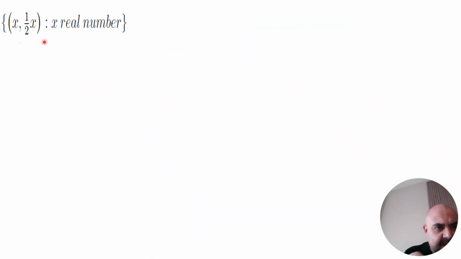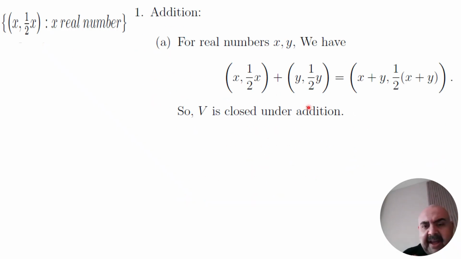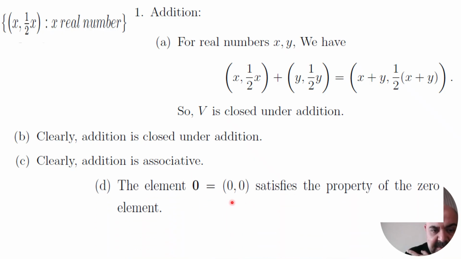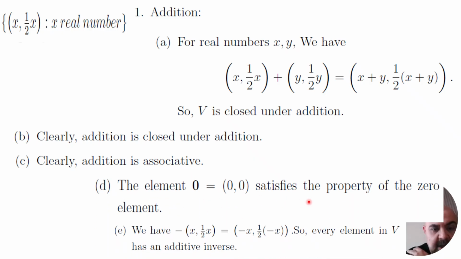As I told you, this is the vector. If I add it to y plus half of y, this is the result that I have, which is a proof that it already exists. Clearly, V is closed under addition. Clearly, addition is associative, so I can regroup them. Also, the element (0,0) exists, as I told you. The negation already exists.